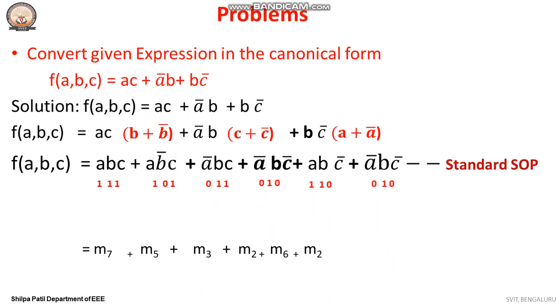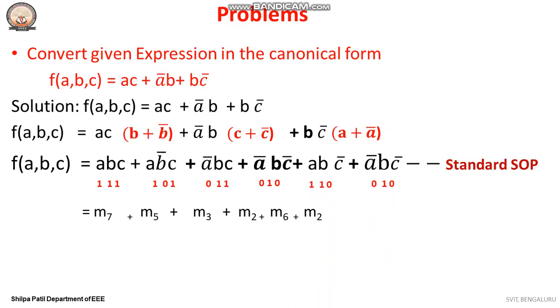We write them as m7, m5, m3, m2, m6, m2. Repeated min terms you can take a single time, so we can write this as summation of m 2, 3, 6, 5, 7. Similarly, we can take another example here.